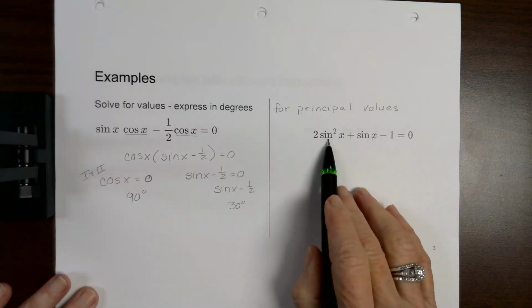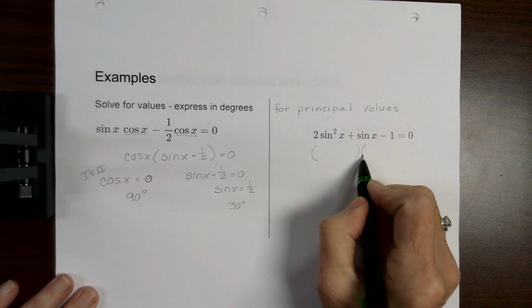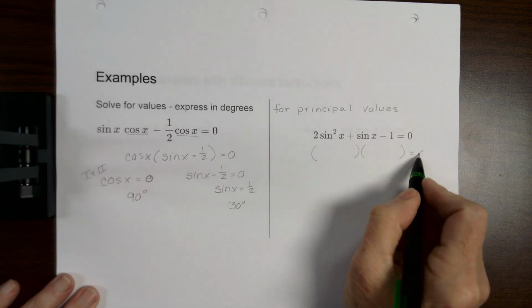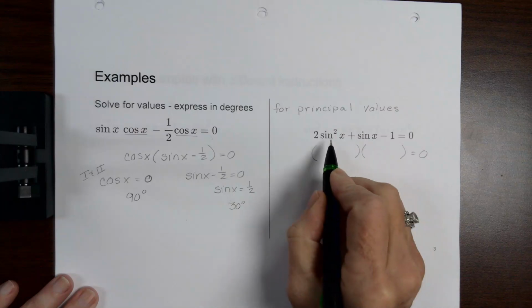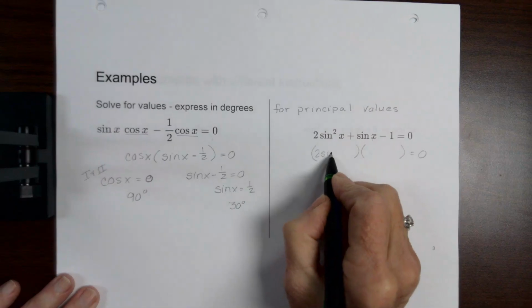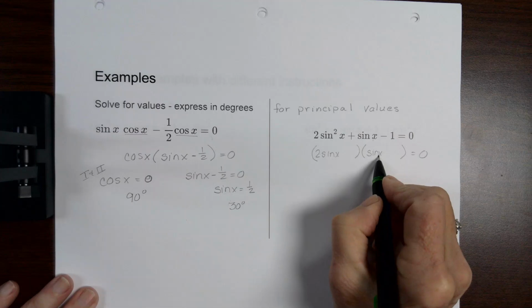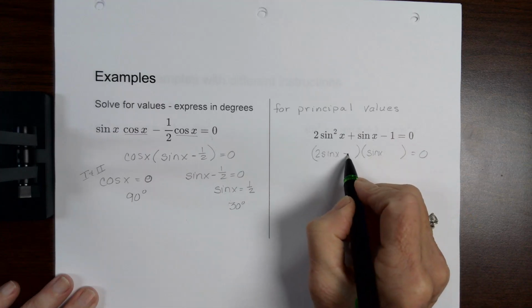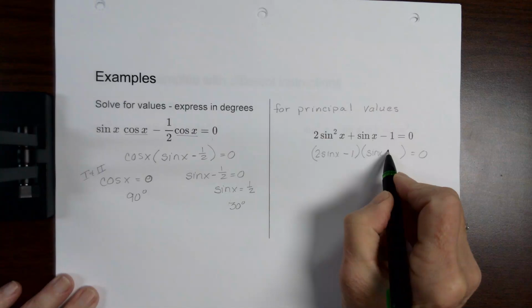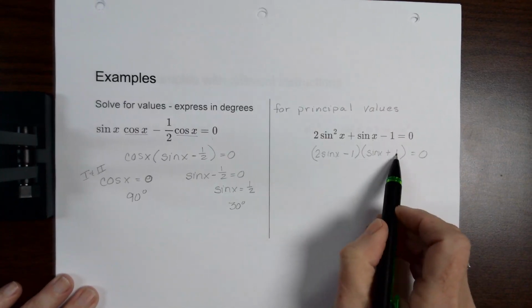Coming over here, you notice you have a trinomial, so the very first thing you're going to try is to unfoil it. So this times this is going to have to give me that. So I have a 2 and a sine of x and a sine of x. And then I have a minus 1 and a positive 1 because that's going to give me, when I do outside, a positive 2 times the sine of x.